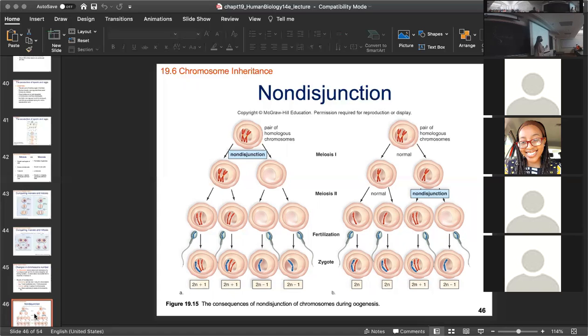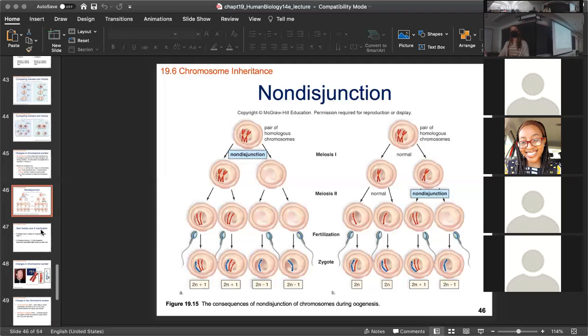So it can happen in either meiosis 1 or meiosis 2. And as you can see in the zygote down here, it's possible that even if there is non-disjunction, it could create an individual that's normal, but it could also create extra or missing chromosomes.